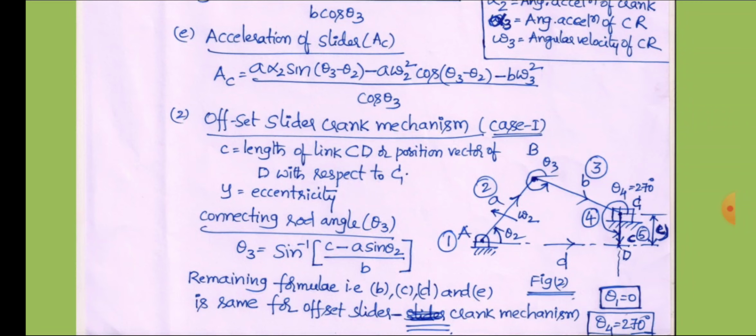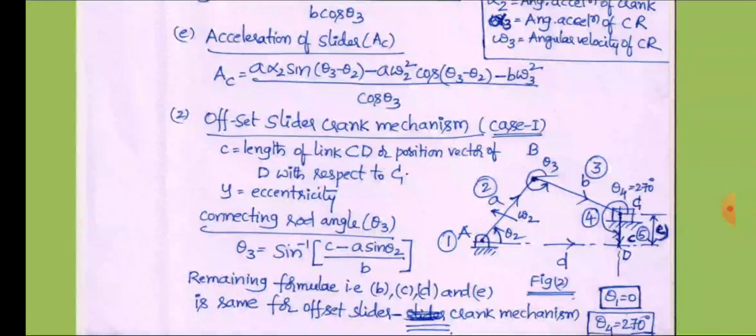So C is equal to the offset distance. A is the length of the crank, or the crank radius, theta 2 is the crank angle, and small b is the connecting rod length. This is the only formula which is going to change if a problem is asked on the offset slider crank mechanism.